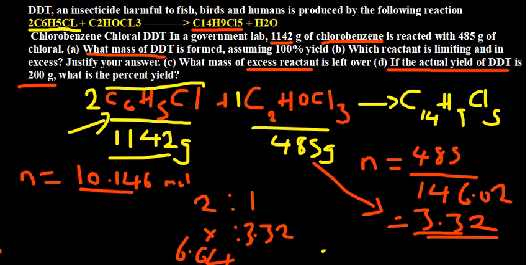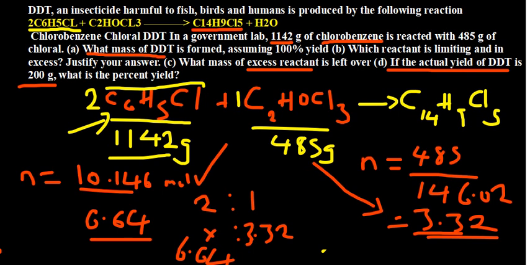But you find that the 6.64 that is required is actually less than what is available, meaning that the other reactant chlorobenzene is in excess, because the number of moles available is more than the required. So equally, we can still say that chloro is limiting. Okay, so whichever is easier for you, but either way, we've already determined that chloro is the limiting reagent.